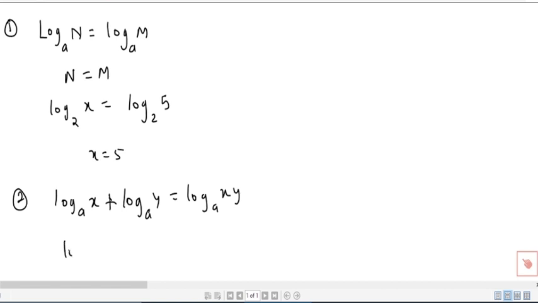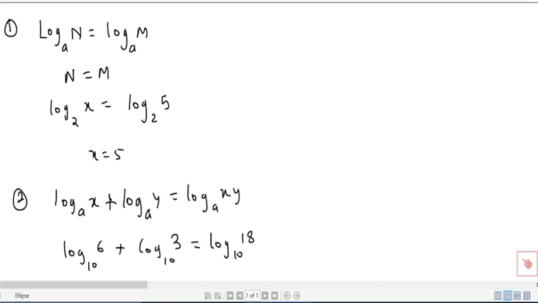This means if log base 10 of 6 plus log at base 10 of 3 is equal to log at base 10 of 6 into 3, which is 18. Okay, when you have log terms in addition, the results will multiply inside.